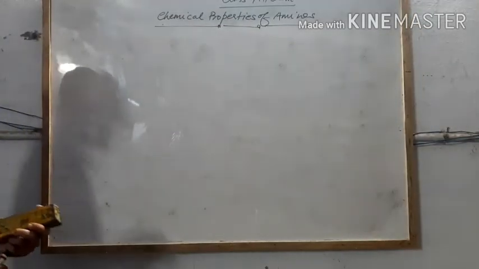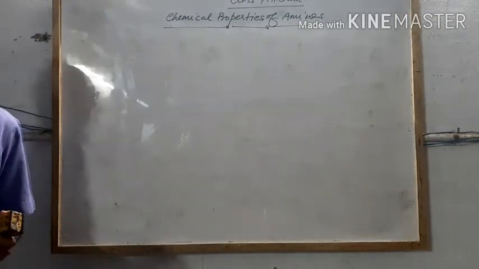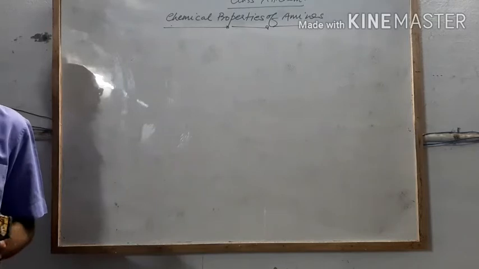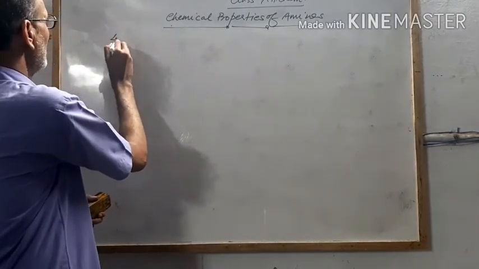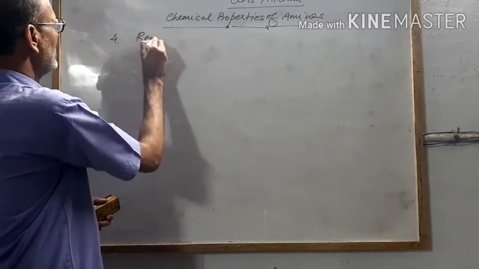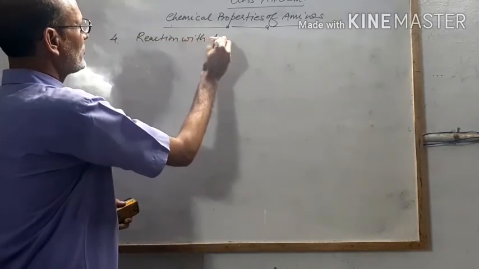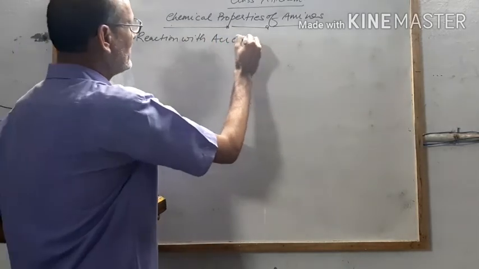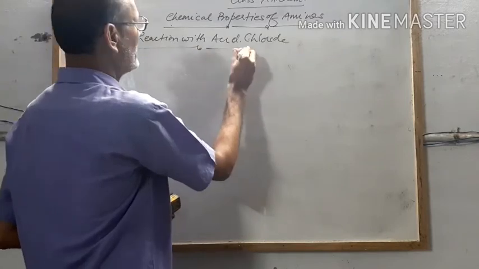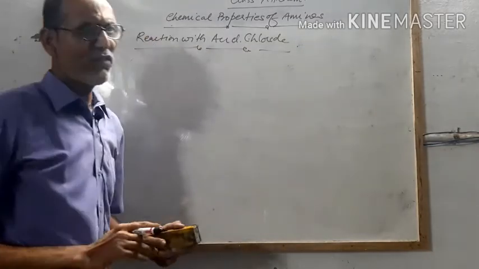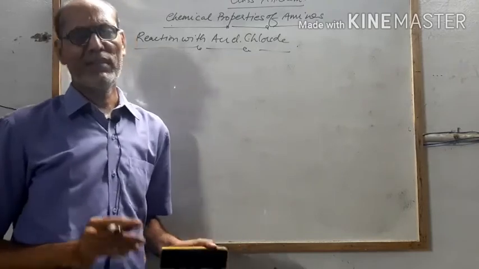The next property of amines is the reaction with acid chloride and acid anhydride. Number 4, reaction with acid chloride. First of all, you must know the formula of acid chloride and how we represent it.